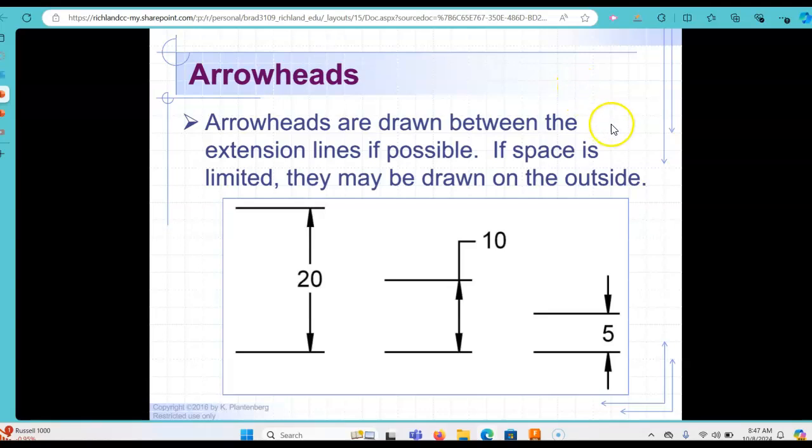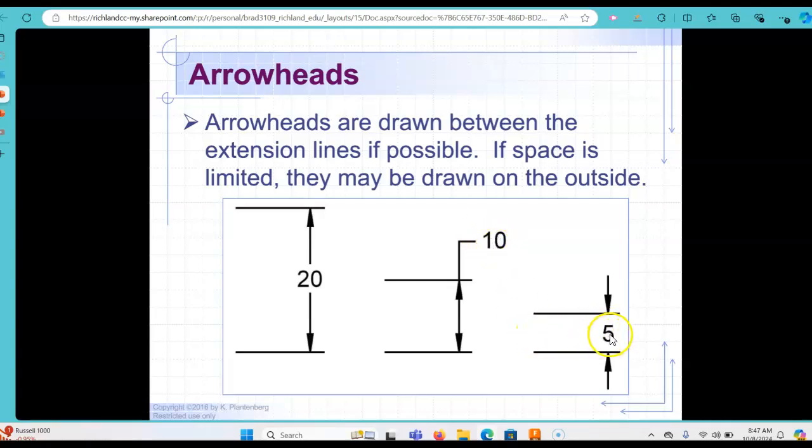When we talk about arrowheads, it's important to know they are typically drawn between the extension lines as much as possible. Sometimes space doesn't allow us to place dimensions in there, so it is acceptable to draw these in two other ways. Notice how this one shows the arrowheads on the inside, and you have the dimension note, or the feature size, outside.